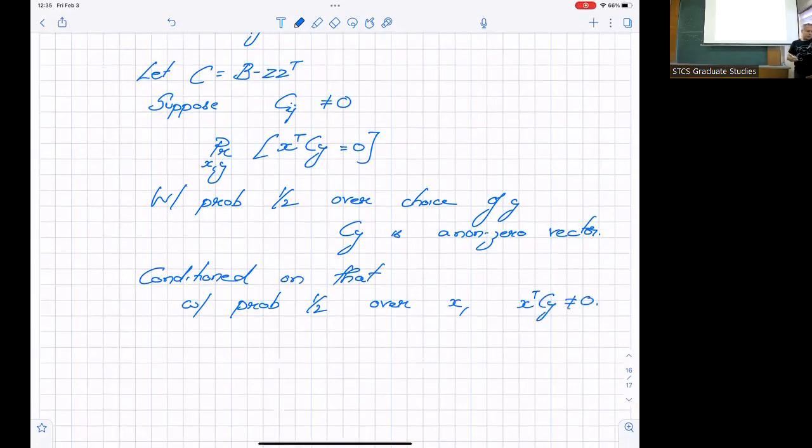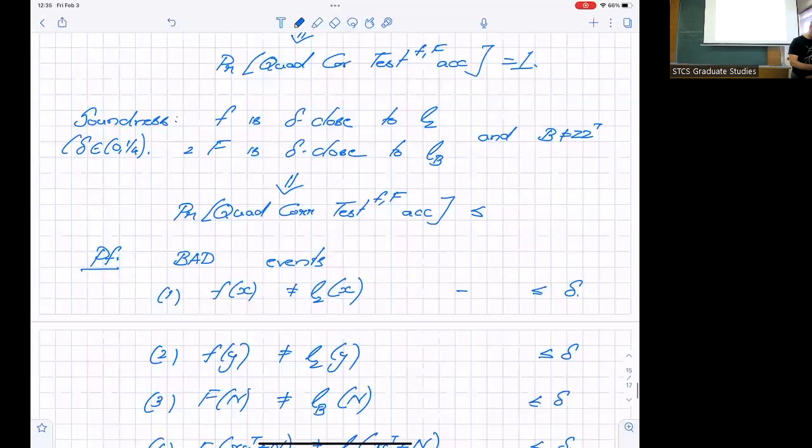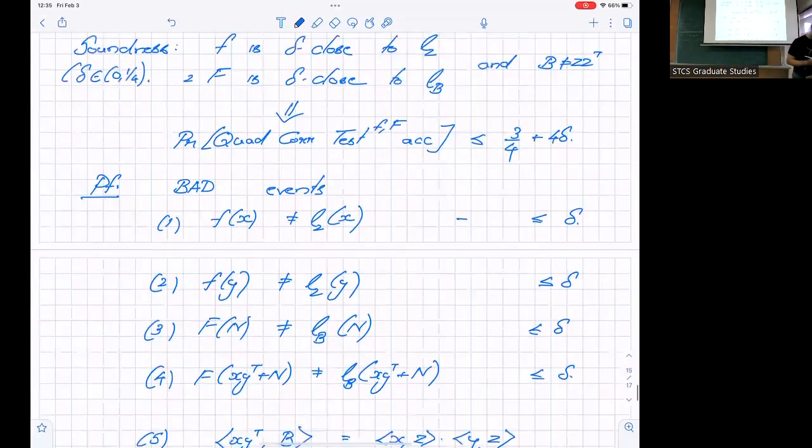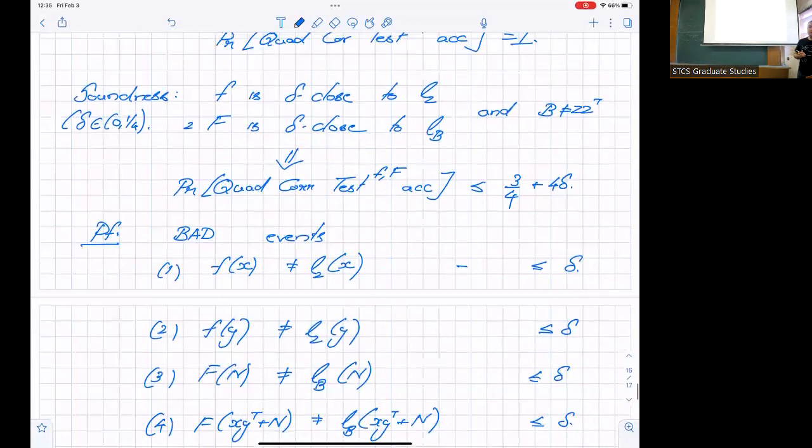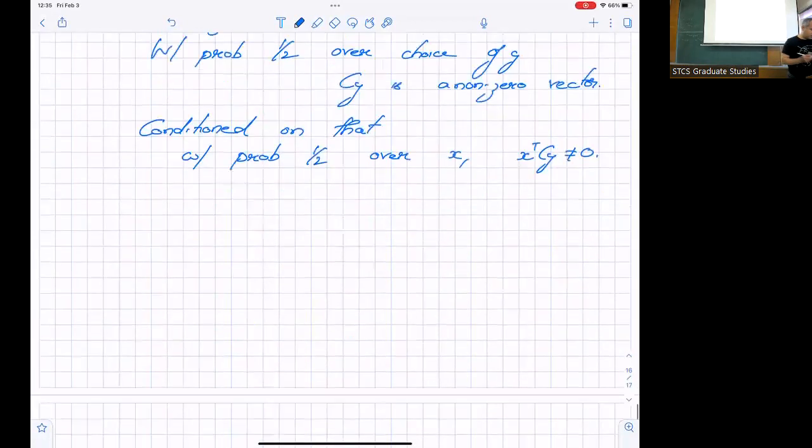And hence we get the probability. So all I want to claim is that the probability of this can be at most 1/4 plus 4 delta. Otherwise, sorry, 3/4 plus 4 delta. Okay, so now we are in good shape.